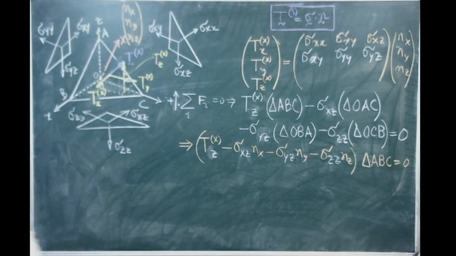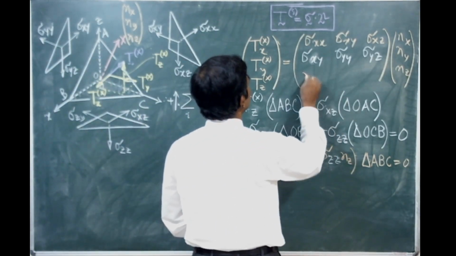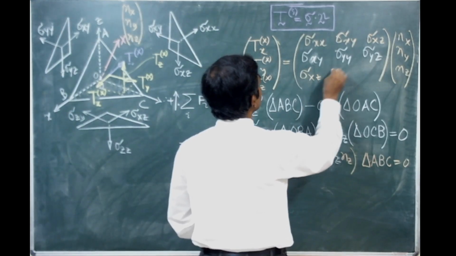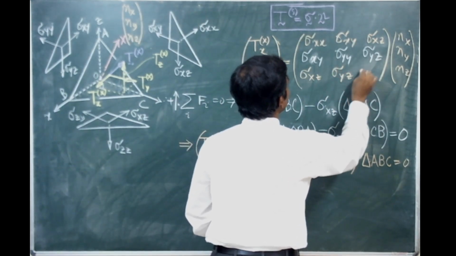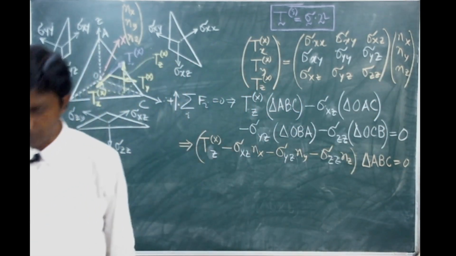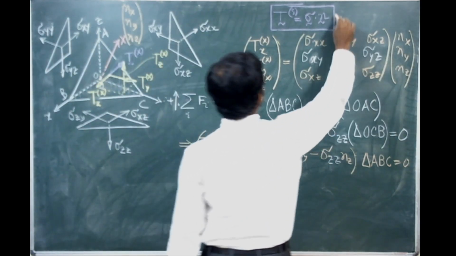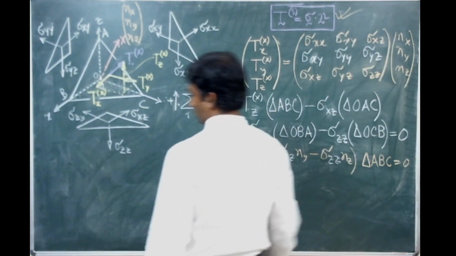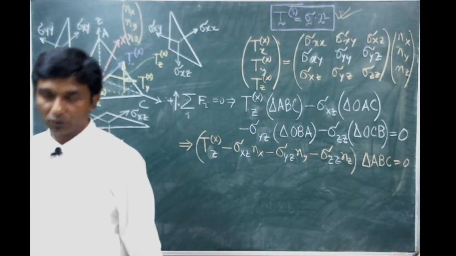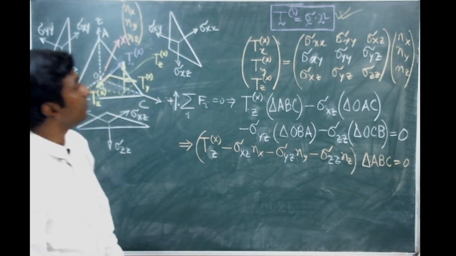So using the similar argument, we can arrive at the last row, that means sigma xz, sigma yz, sigma zz. So with this we conclude that this relationship is valid whether it is a two-dimensional problem or a three-dimensional problem, it does not matter, it is valid everywhere.